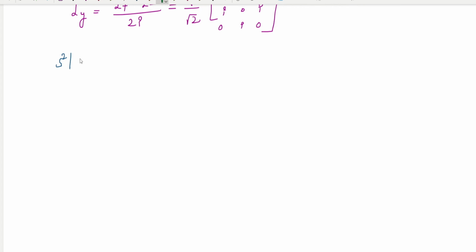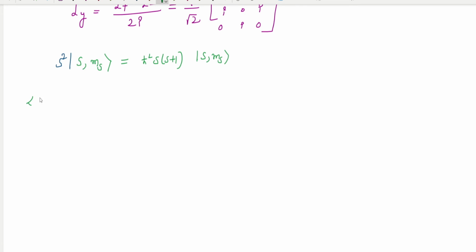If you apply S square on this quantum state, S comma ms, then you get h cross square S into S plus 1 times S comma ms. Then you can write here S prime and m prime.